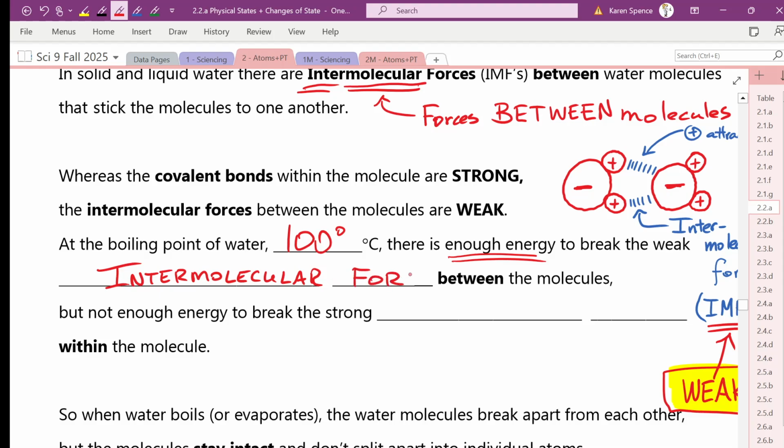But if you don't like that whole long word, what can you use? IMFs between the molecules. But there is not enough energy to break the strong bonds. Yeah. And if you want like a little extra, you can go so far as to say covalent bonds.